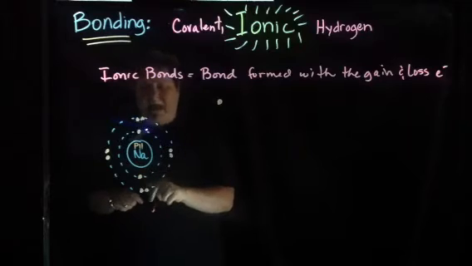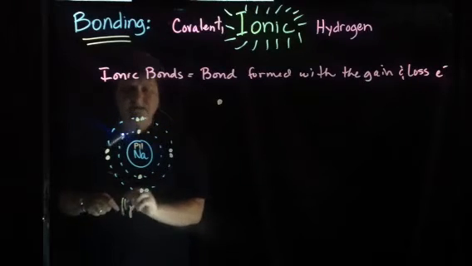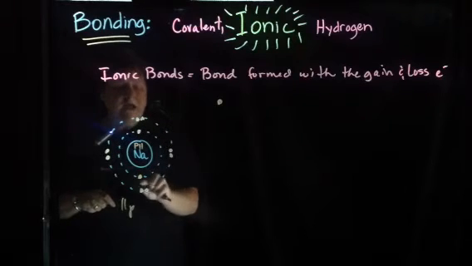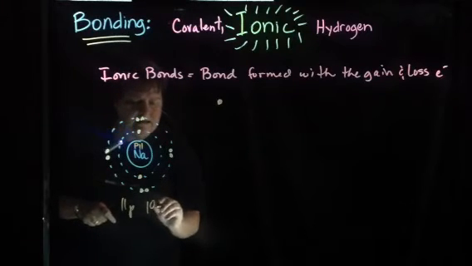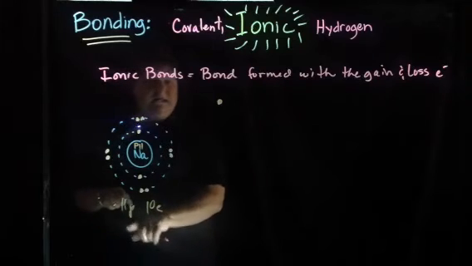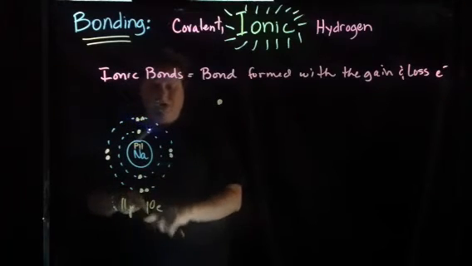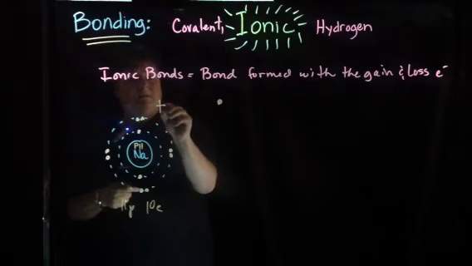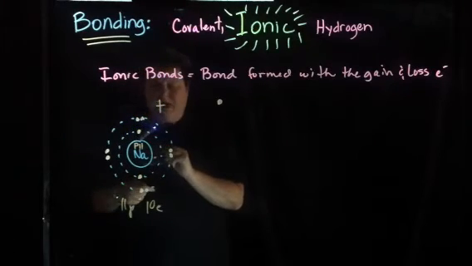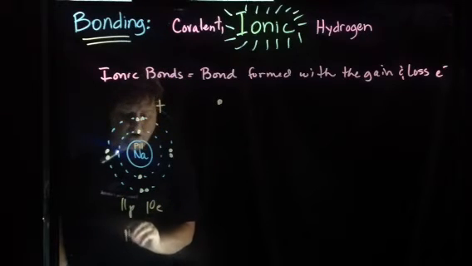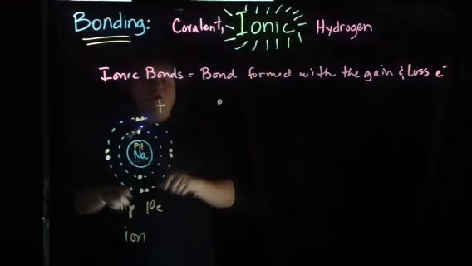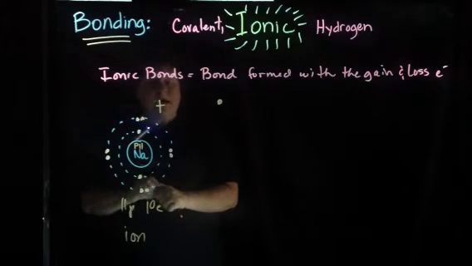So here we have 11 protons, but I have 1, 2, 3, 4, 5, 6, 7, 8, 9, 10 electrons, meaning that I have 1 more positive charge than I do negative charges. So sodium now becomes sodium plus, and this is what we call an ion. Because it's charged, it is no longer an atom, but an ion.